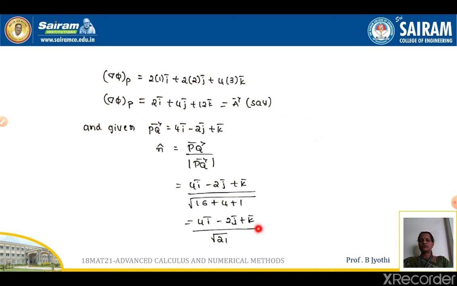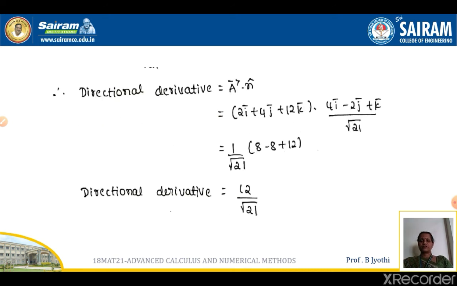Now we need to determine the directional derivative. The directional derivative formula is given by A dot n cap, where A is 2i plus 4j plus 12k dot 4i minus 2j plus k divided by root of 21. On multiplication, 2 into 4, that is 8, 4 into minus 2, that is minus 8, 12 into 1, that is 12.